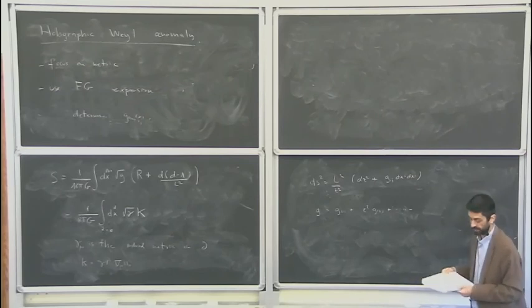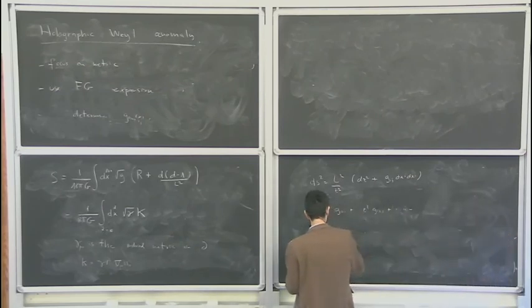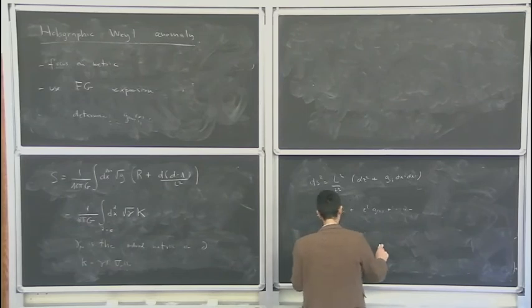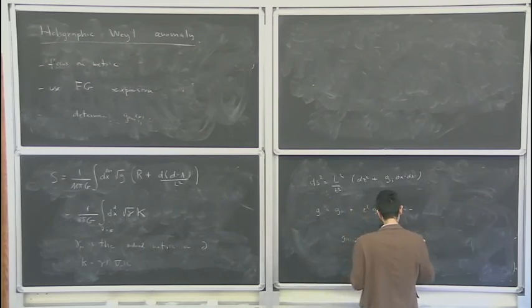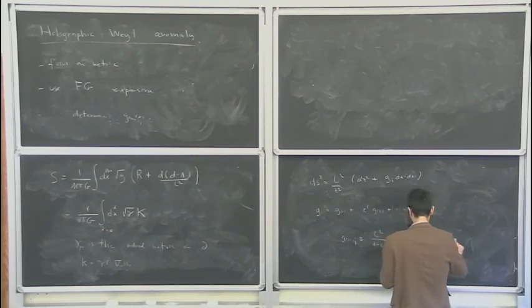Let's do the same for G. So this has to be a tensor. Let's put the indices. So G2 ij in terms of G0 is given by the Riemann tensor, sorry, the Ricci tensor constructed out of G0, and the Ricci scalar.